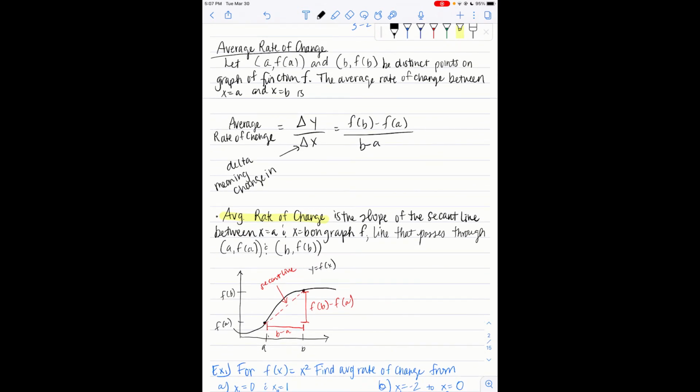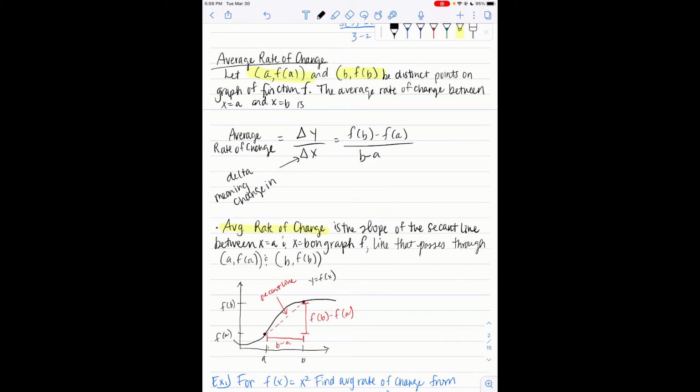So for a formal definition, we're going to have a, f of a, and b, f of b, where f of b just means the function at the point b, which is our y value, and f of a is the y value, be distinct points on the graph of the function f.